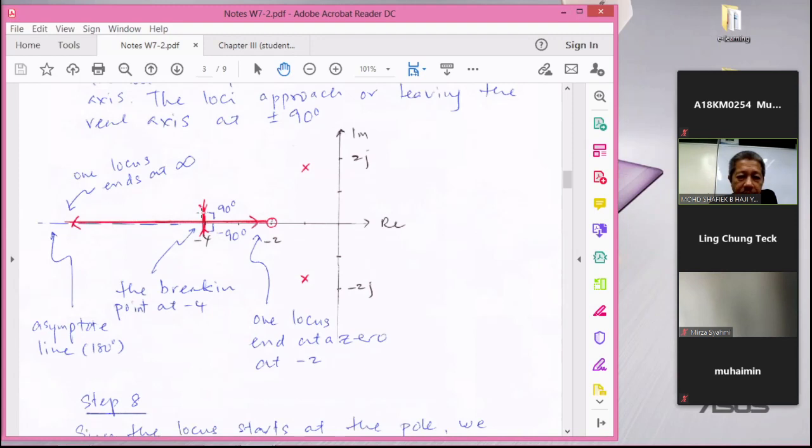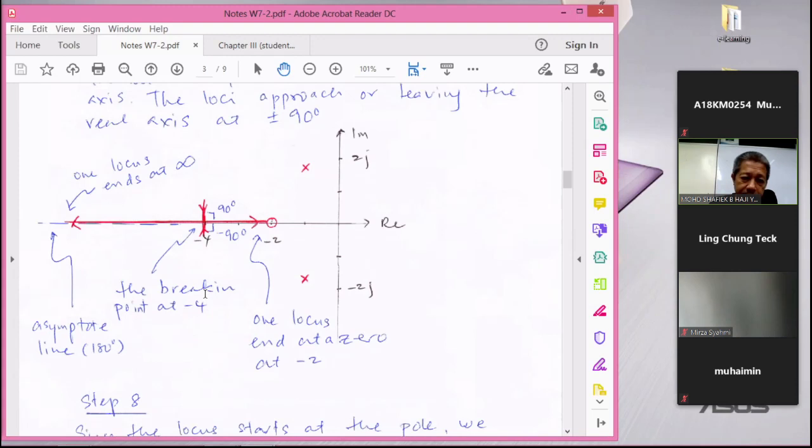One of them will go to the right and finish at the zero located at -2, and another one is going to go all the way to infinity. So our locus will begin from the pole, leave the pole and somehow enter the real axis at -4.